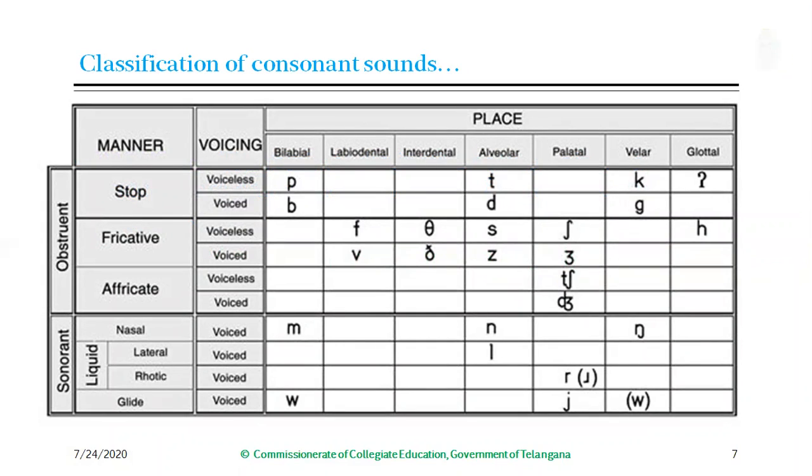Let's discuss in detail about the consonants. Here, the table shows us the classification of consonant sounds. Consonant sounds are basically classified into two, obstruent and sonorant.